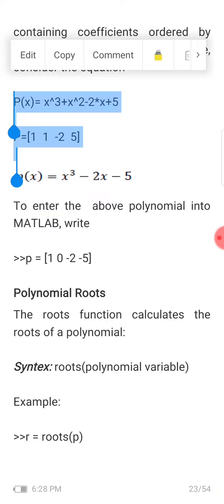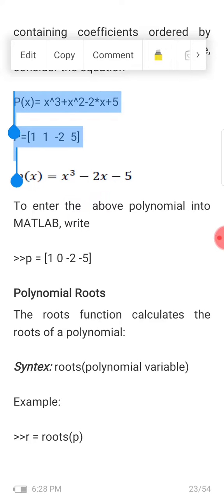So I wrote here 1, then give space and write the coefficient of x square. You can see here the coefficient of x square is 1. So I write here 1. Then 2x, the coefficient of x is minus 2. So I write here minus 2 and the coefficient of x raised to 0 is 5. So in the last I wrote here 5.